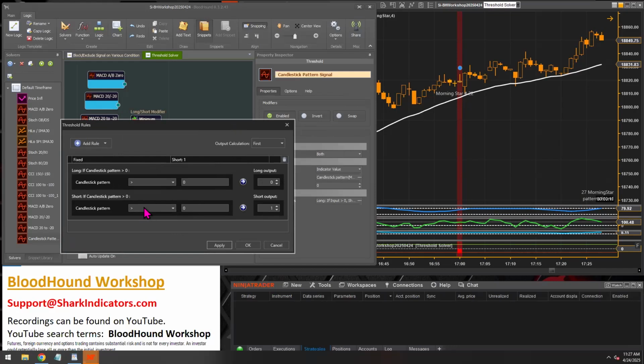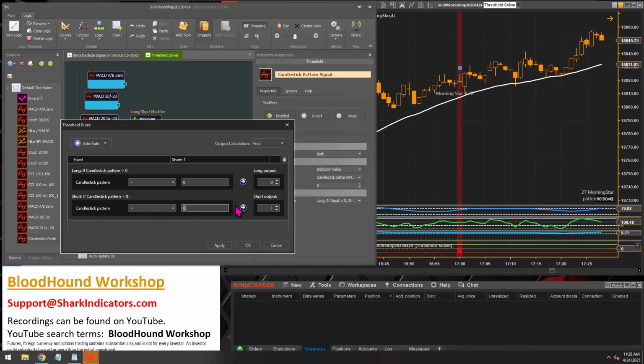So this is atypical. Most third-party vendors, you'll want to keep the default settings here. Typically you'll get a positive value when you're getting a long signal, and you'll get a negative number when there's a short signal.